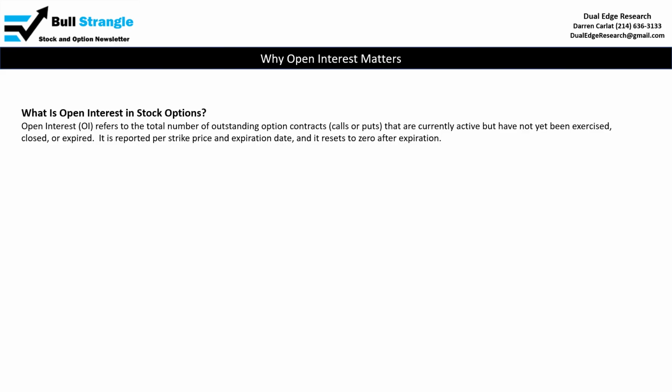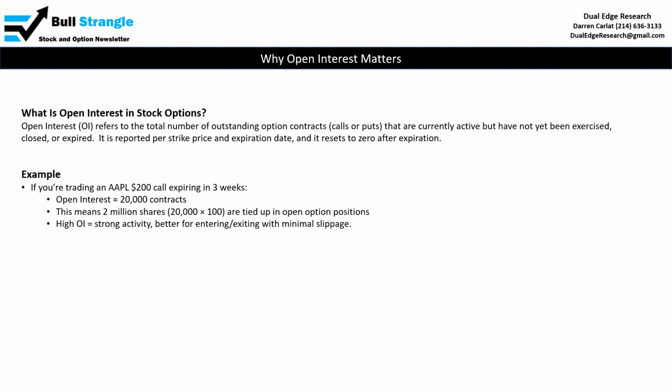Now, when I'm looking at open interest, I'm looking at total open interest across all the various different options that are out there. But the key thing is that it's a relative number, and the higher the open interest, the better, and the more certainty it creates. So an example of open interest, we'll use Apple again.